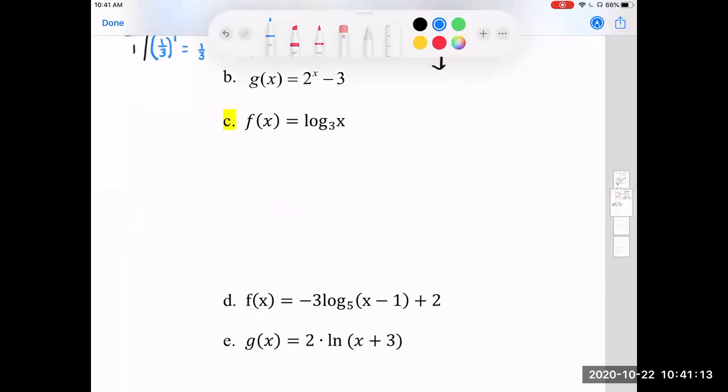So here we have a logarithmic function. We have f of x equals log base 3 of x. Logarithmic functions are also L-shaped, but these logarithmic functions have a vertical asymptote.